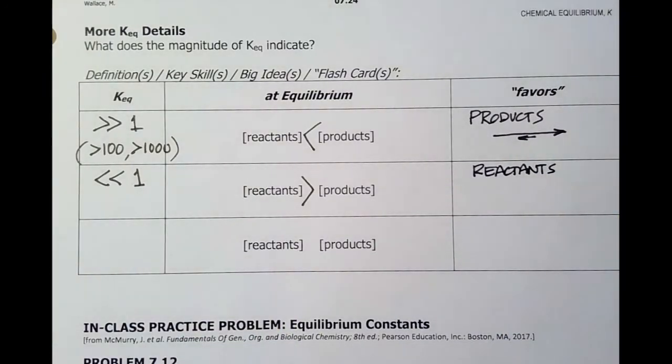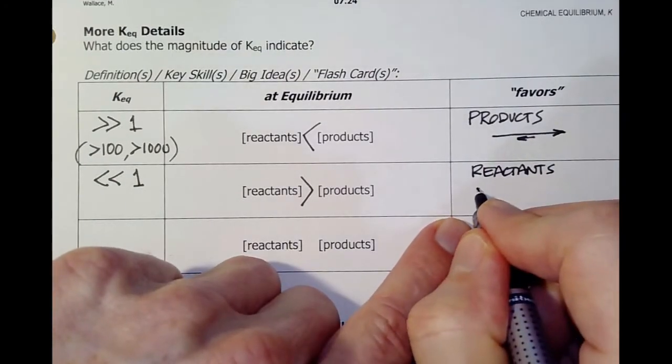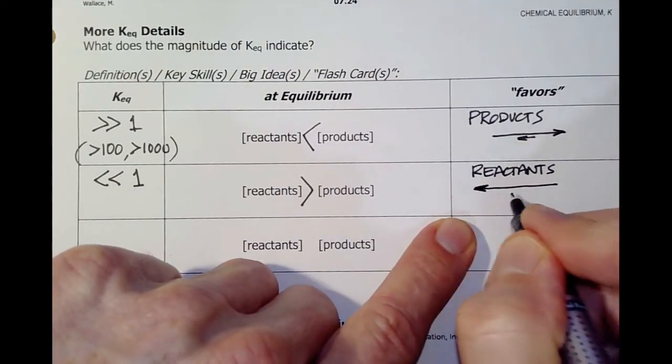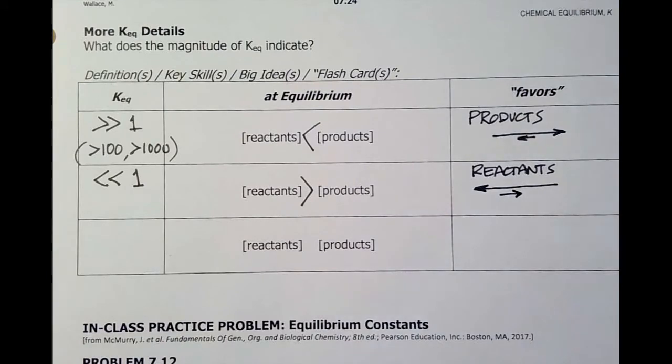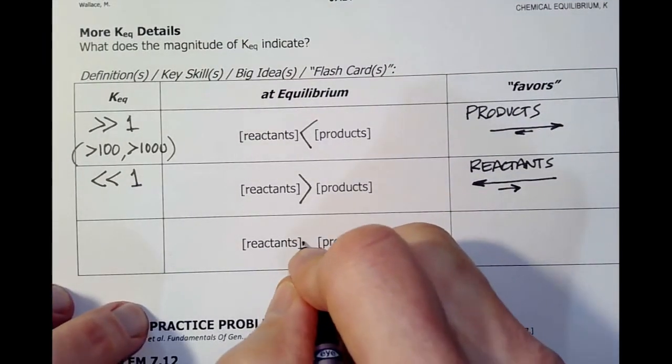Meaning whatever mixture you put in there, raw products and reactants, it'll settle down where at the end, the concentration of the reactants is much higher. And we can symbolize it like this, meaning at equilibrium, this thing has really shifted towards reactants and has not made much products. Well, what about this?